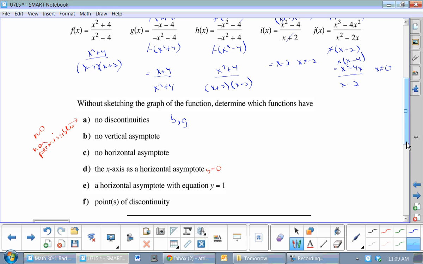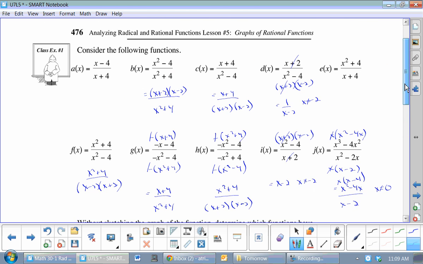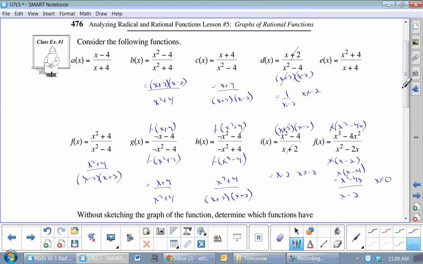Alex, what'd you get for that one? D and I. Okay, let's look at D. Now, wouldn't it have two? It's going to have an asymptote at, oh, sorry. It's going to have an asymptote at 2, isn't it?